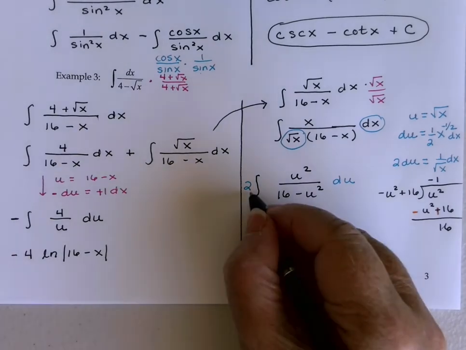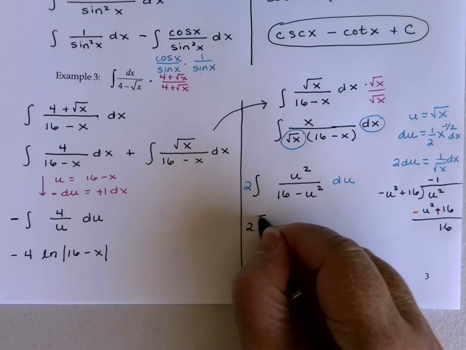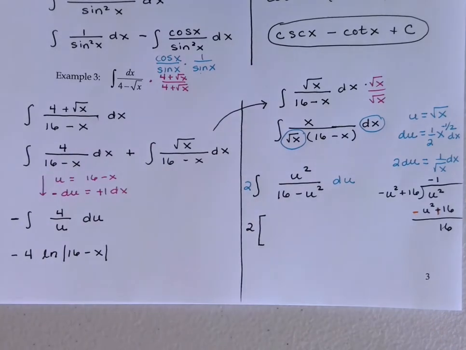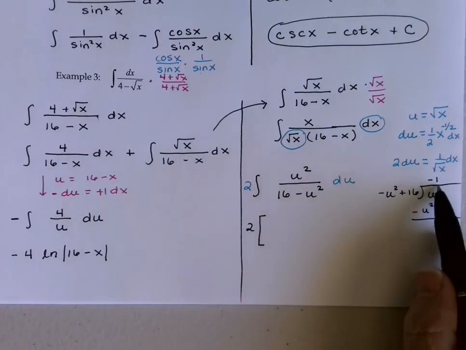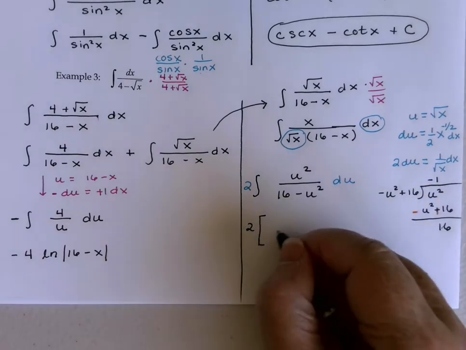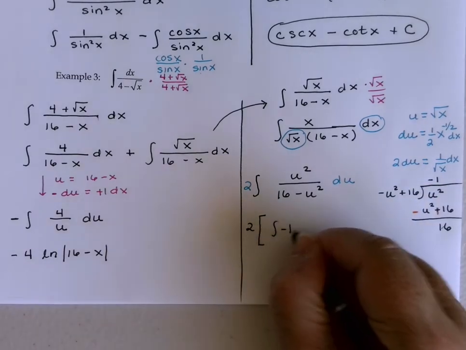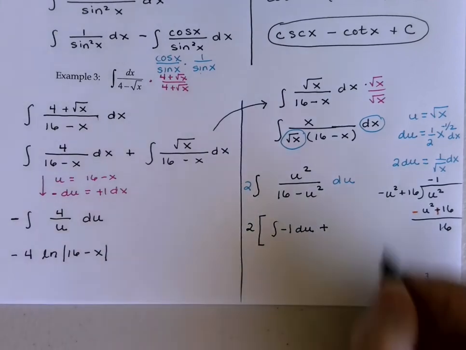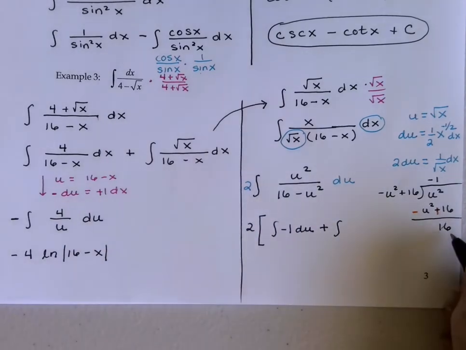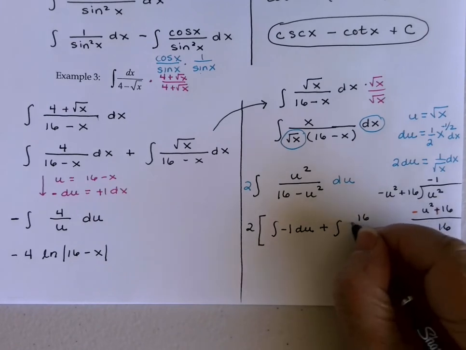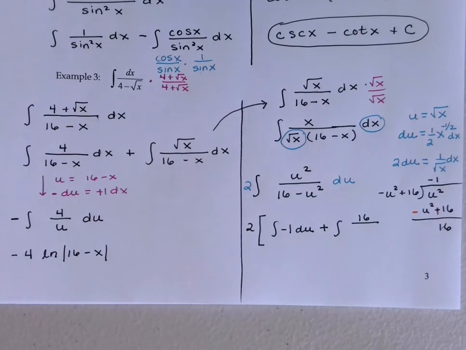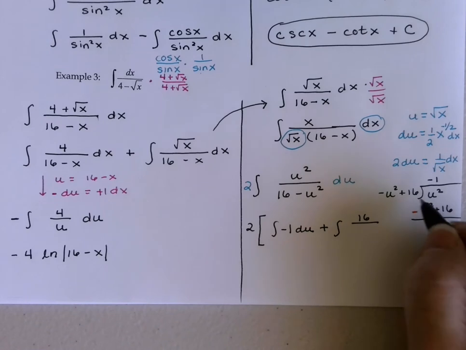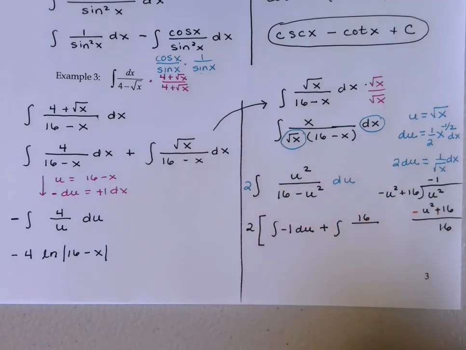So I have 2 times everything I'm going to write here. The integral of negative 1, the quotient, du, plus the integral of 16 over, and I'm just going to rewrite this in an order that I'm going to recognize.